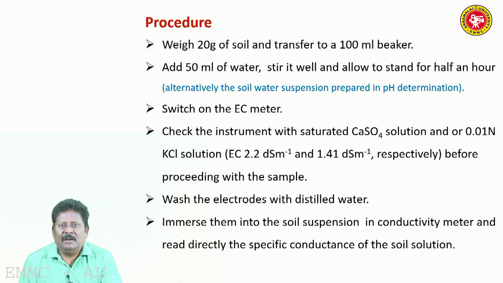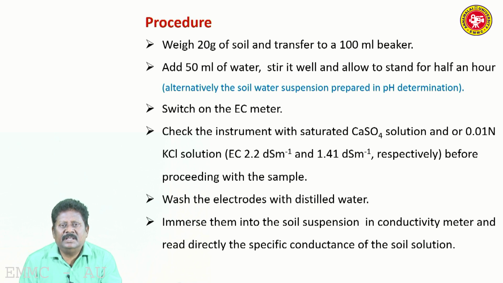So, we feed the 0.01 KCl solution and adjust the EC meter reading to 1.41 decisiemens per meter. Now, you have done the standardization part. Now, immerse the electrode in the soil water extract and take the reading. So, that completes the reading of the electrical conductivity.